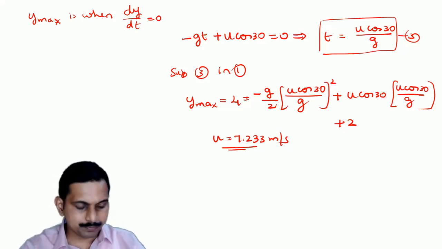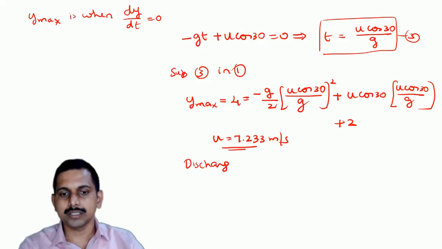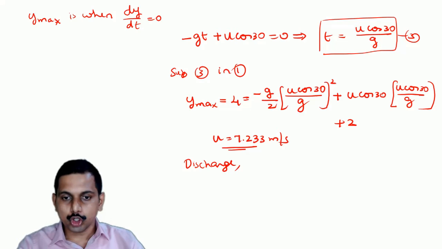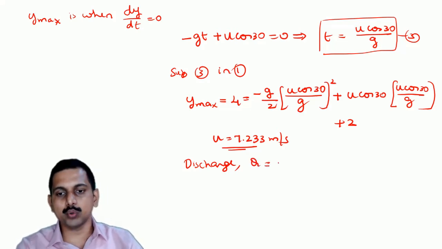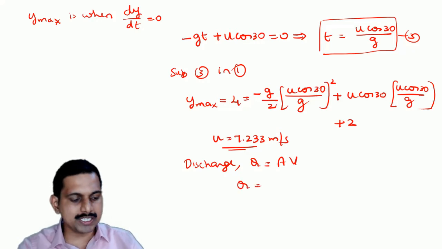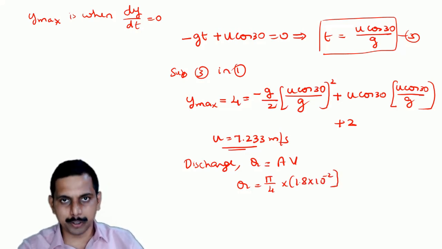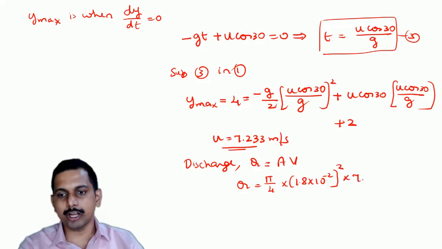Now from this, Q, that is the discharge through that pipe, is actually equal to area into velocity. That means my Q is equal to area, pi by 4 into 1.8 into 10 power minus 2, that is the 1.8 centimeter hose given, squared, into velocity 7.233 meters per second.